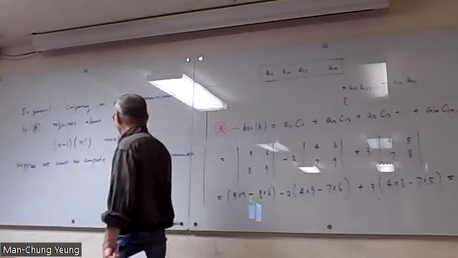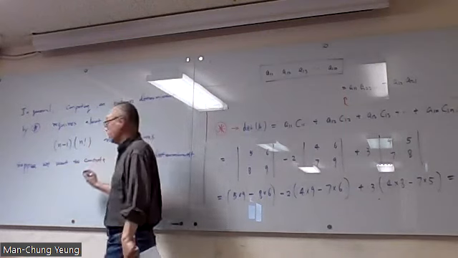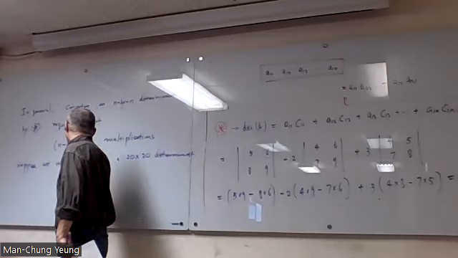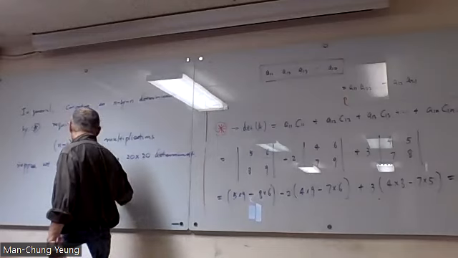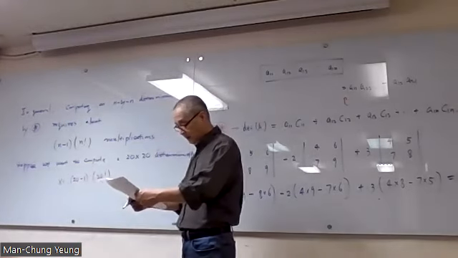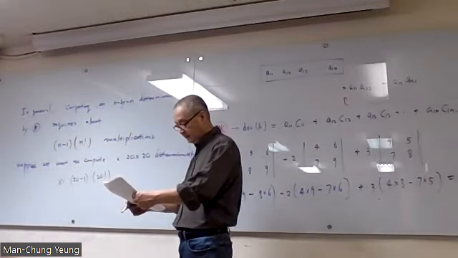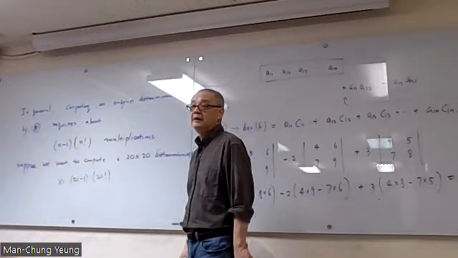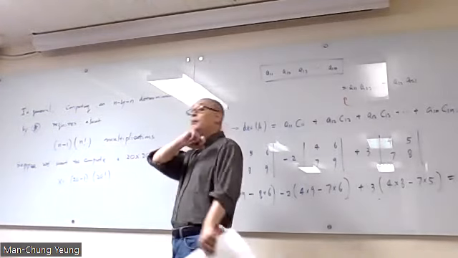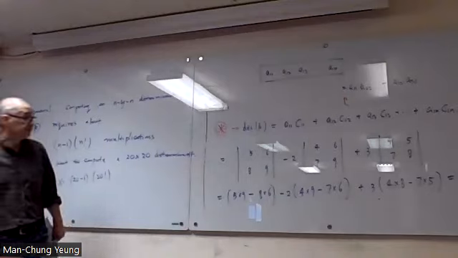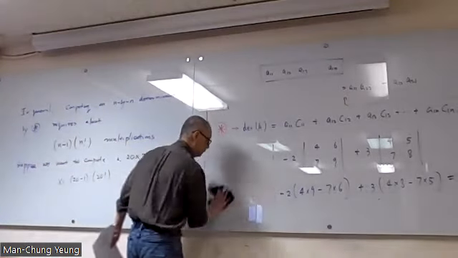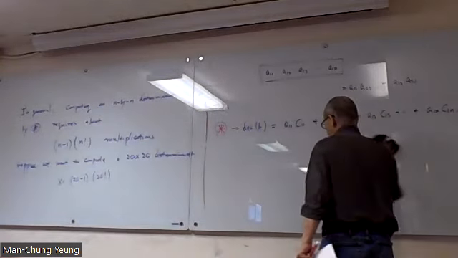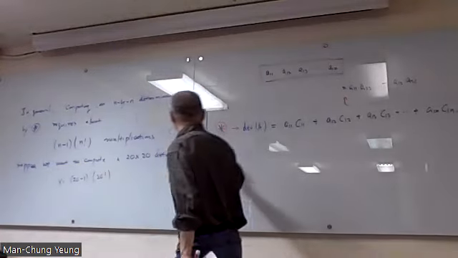For a 20 by 20 determinant, only consider multiplication. How many? 20 minus 1 times 20 factorial. Suppose I have a supercomputer.